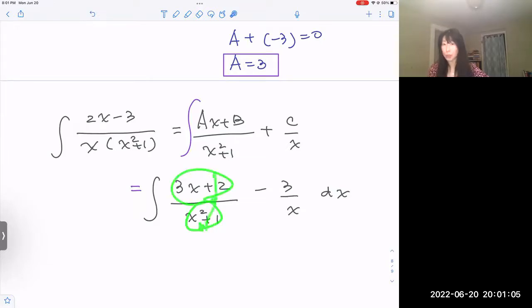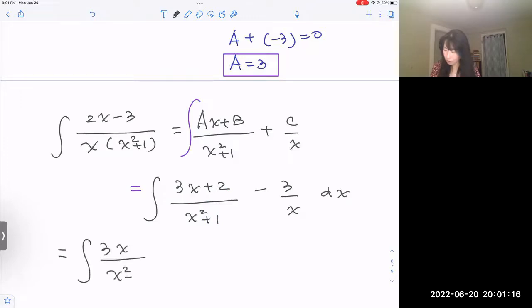So we're gonna split term by term here, okay? We have to recognize. So this will be 3x over x squared plus 1. Let's take out the 3 since we split term by term, and the 2 out.